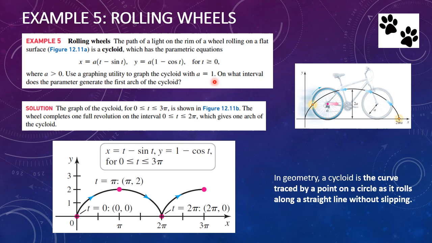The wheel completes one full revolution on an interval between 0 and 2 pi, which gives one arc of the cycloid. So the wheel will get all the way back to its beginning point exactly at 2 pi, because we're doing one complete revolution. Okay, and this gives one arc of the cycloid.